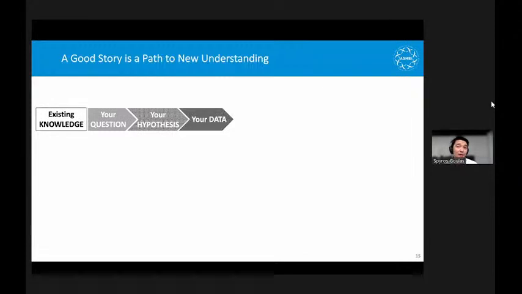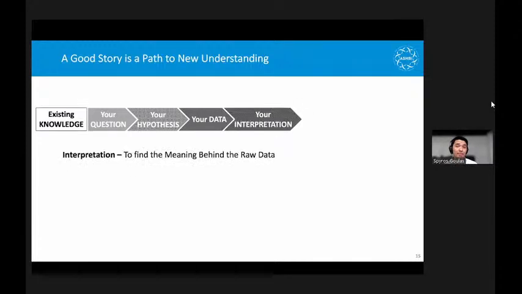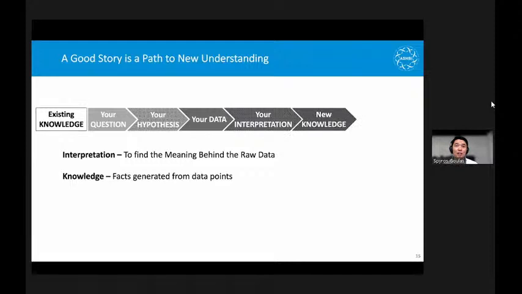Raw data without interpretation does not have much meaning on its own. Therefore, you need to interpret your data. And then this gives rise to knowledge and facts that are generated based on these interpretations.